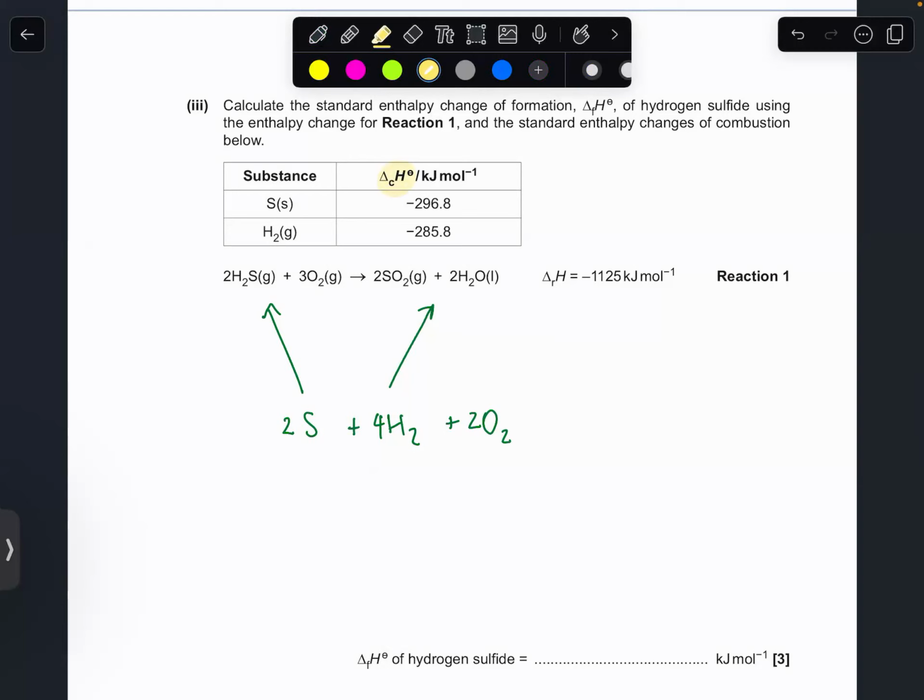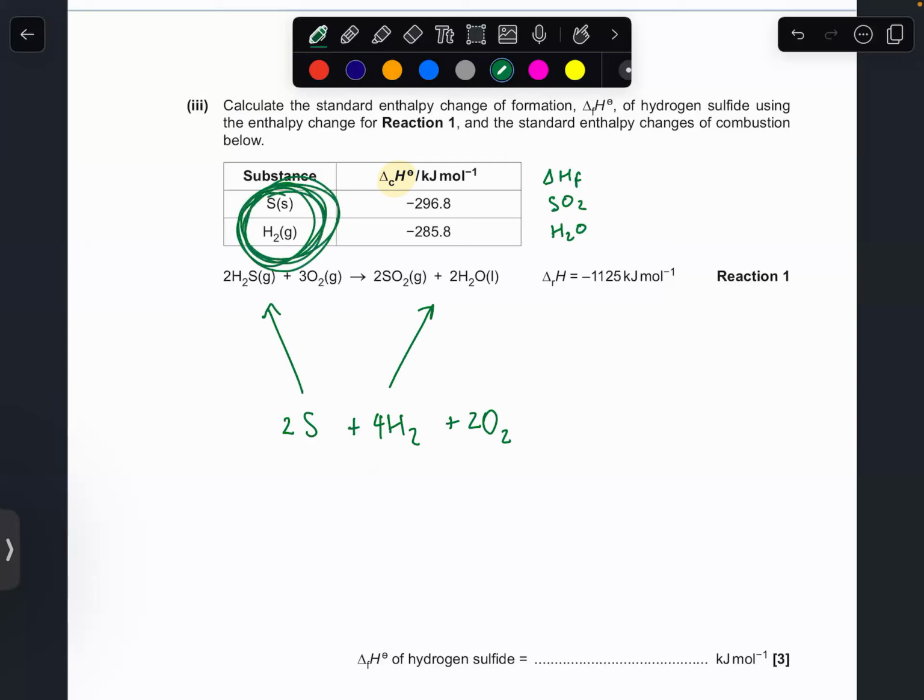The enthalpy change of combustion of S is actually the enthalpy change of formation of SO2. And it's also the enthalpy change of formation of H2O, because these are elements in their standard state.